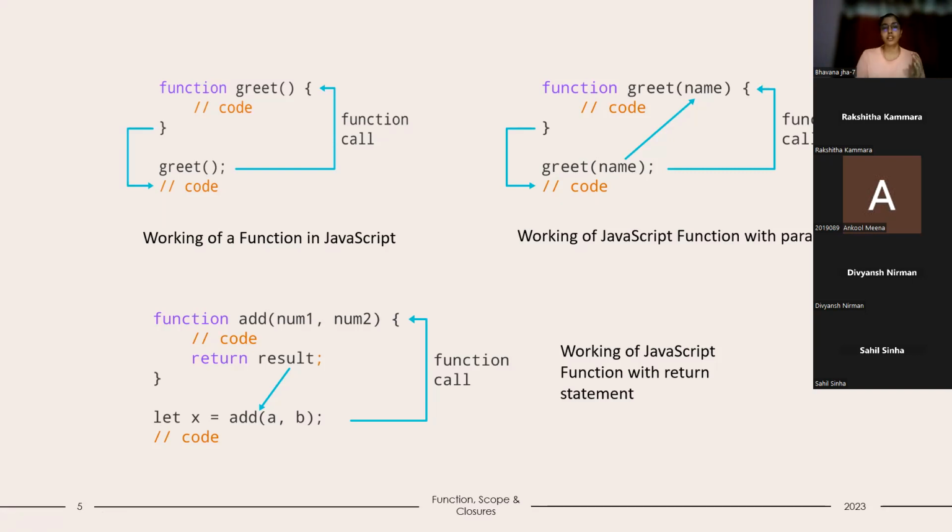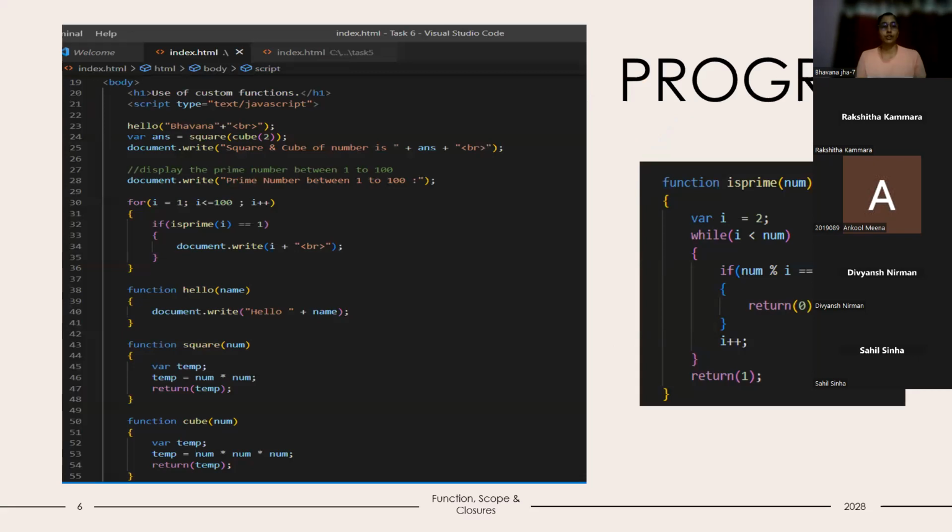So let's move on to the example, which is my demonstration of the project that I created. Here I took multiple custom functions, where the first function is hello, where I pass an argument name, and it shows the output hello Bhavna. Then I declare a variable and call the functions square and cube, a function within a function.